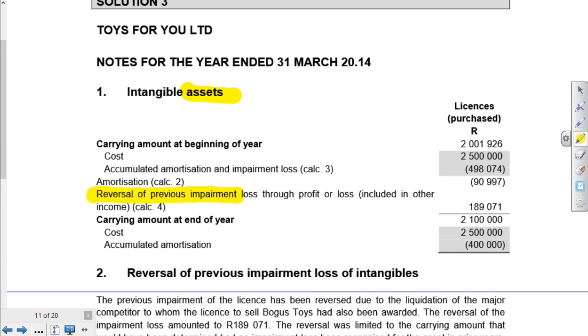In addition to that, this impairment is shown in accumulated depreciation and impairment. So the wording changes when we have an impairment. It used to be just accumulated depreciation. Now it's accumulated depreciation and impairment. What you see after we've reversed impairment is that there is no more impairment, so then it just goes back to saying accumulated amortization.